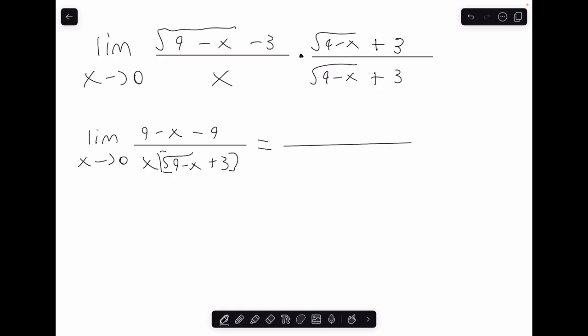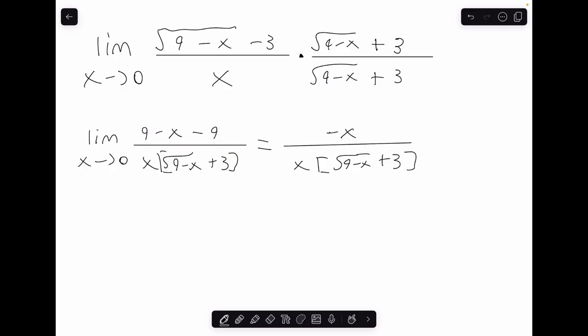Okay, so first things first, after we do our method, and our method was the conjugate method, right? What do we do? We cancel. Okay, so let's cancel. 9 minus 9, that's 0. So these 9s are going to cancel out. And we're left with -x in the numerator. In the denominator, we have x times this whole expression. Do you notice something?